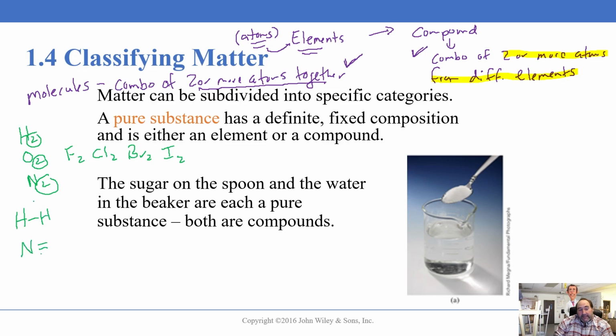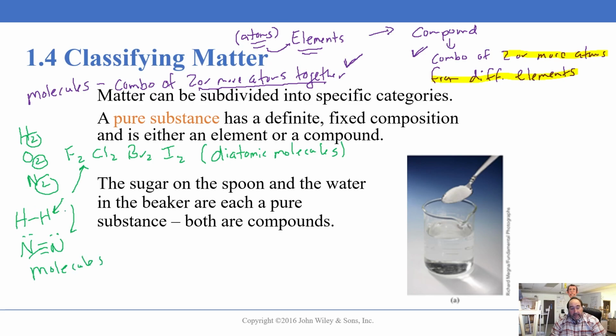Nitrogen is two nitrogen atoms that are bound together, sharing electrons. These are all what are referred to as diatomic molecules. A diatomic molecule means that there are two atoms, in this case two of the same atom. And because it's two of the same atom, in addition to each of these being molecules, they are actually elements as well.